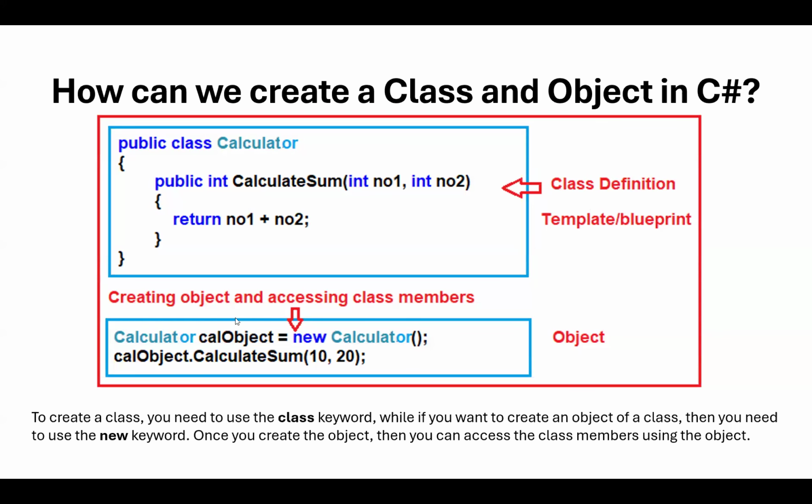Then we use the name of the object, for example, object, equal, and we use the keyword new. When you use the keyword new, we create a new instance of our class. We create a new real object. And we call the constructor. As you can see, the name is the same, but we have braces.